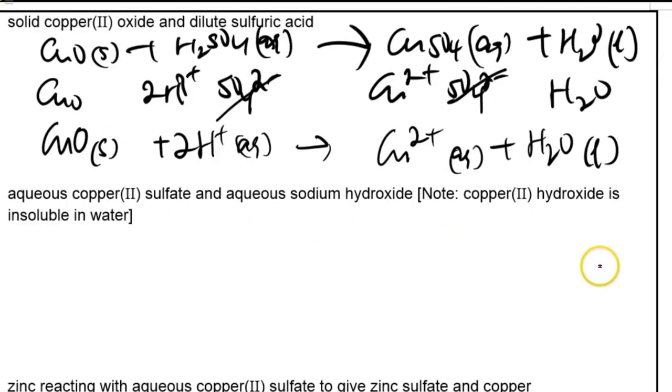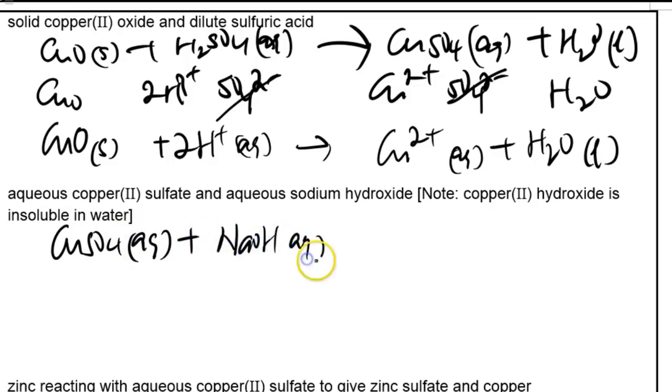Part E, we have aqueous copper 2 sulfate reacting with aqueous sodium hydroxide to give us copper 2 hydroxide, which is insoluble in water. This is an alkali reacting with copper sulfate here.